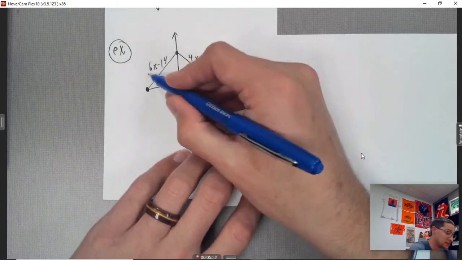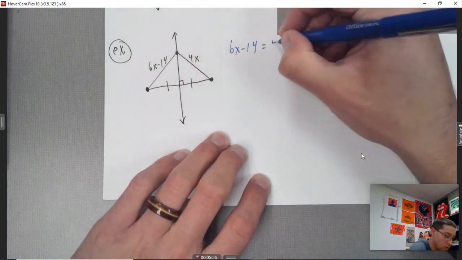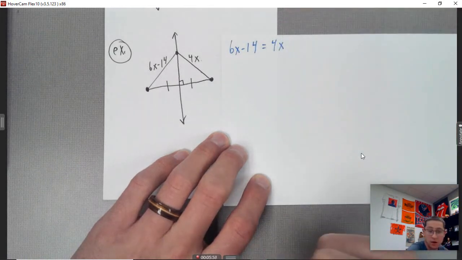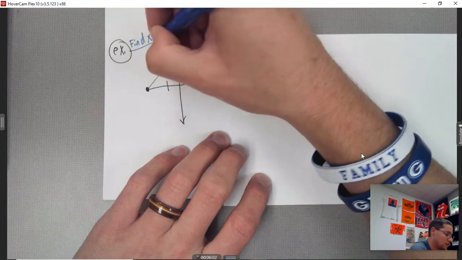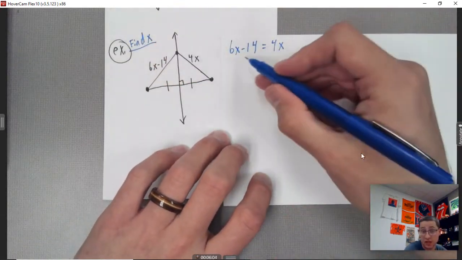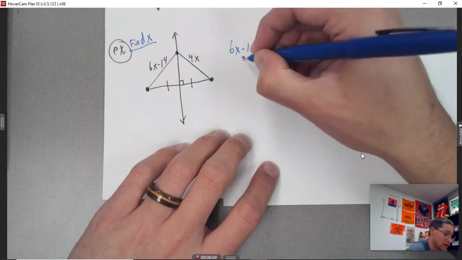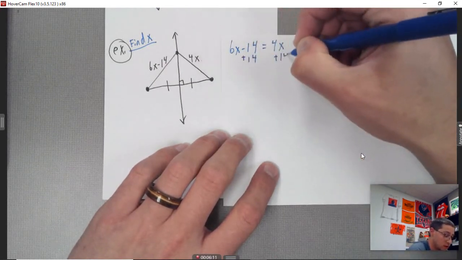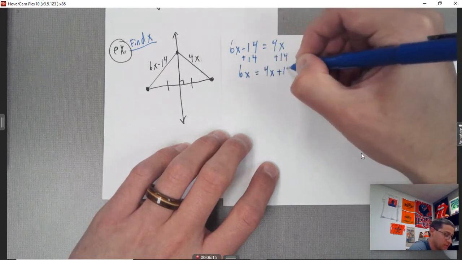So I'm going to set 6x minus 14 equal to 4x. Keep in mind, this would have to be like find x. So 6x minus 14 is equal to 4x. I'm going to add 14 on both sides, and I end up with 6x is equal to 4x plus 14.